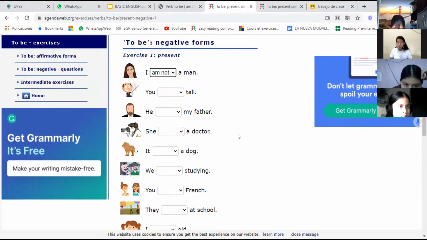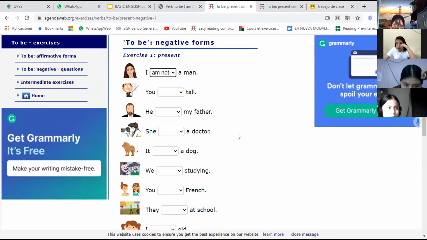All right. Remember the correct conjugation. That is what we're practicing. Eso estamos practicando, la correcta conjugación del verbo be.